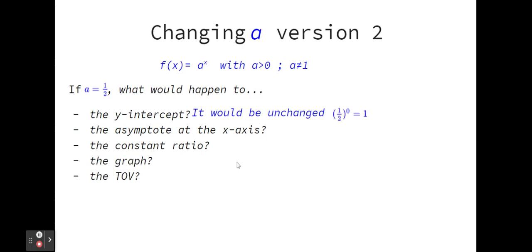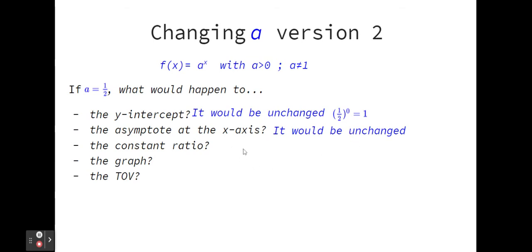Well, the y-intercept would be unchanged, because at x equals 0, which is where the y-intercept occurs, we would have 1/2 to the exponent 0, which is equal to 1. So that is unchanged. And similarly, the asymptote would still be the same. In this case, no matter what large number we put for the exponent, it would never be 0.